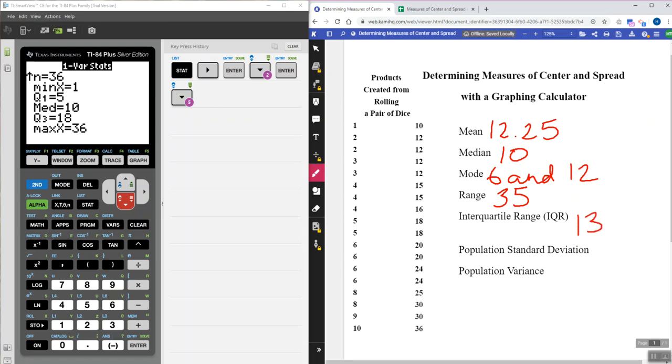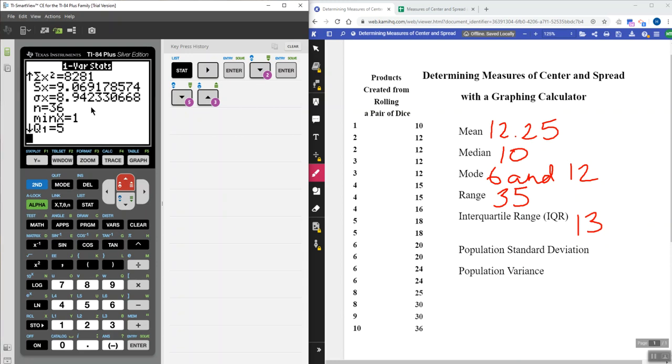And then we're going to talk about population standard deviation and population variance. We know this is a population because we have every possible product created from rolling a pair of dice. If you were to do a survey and just got a sample of a population, then you would be looking for sample standard deviation and sample variance. So the sigma x, that is our population standard deviation.